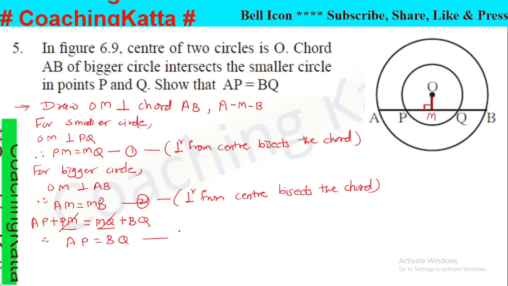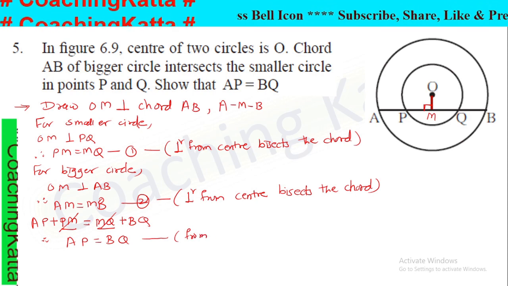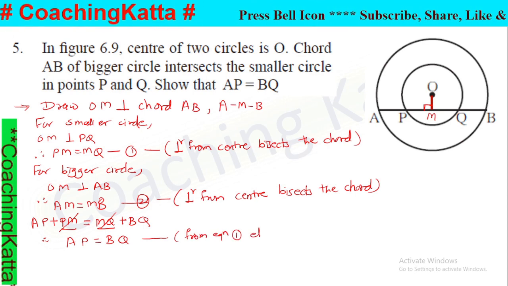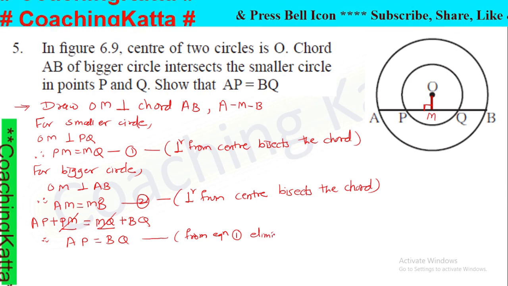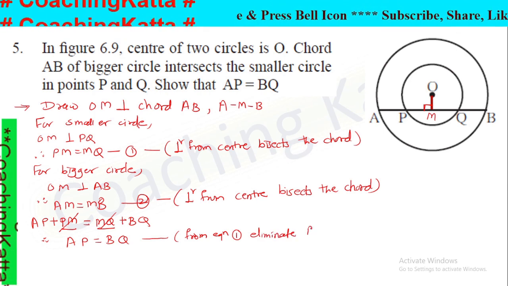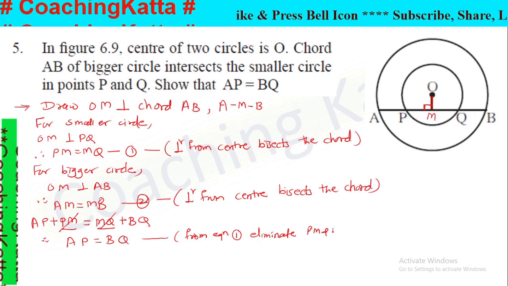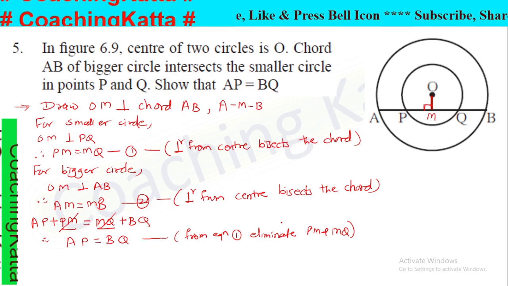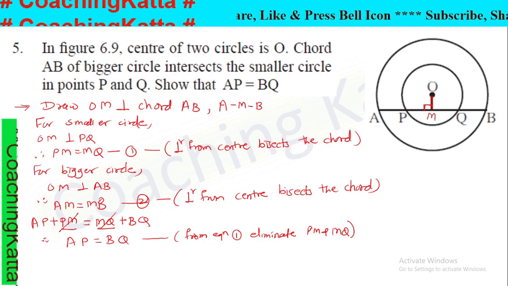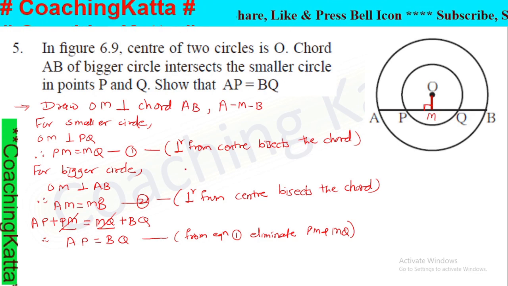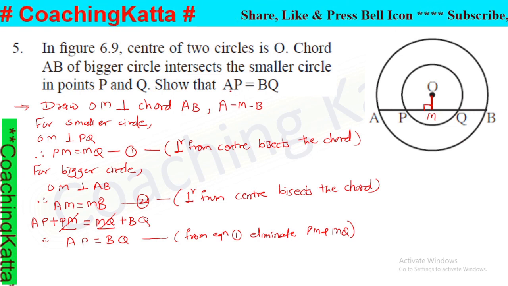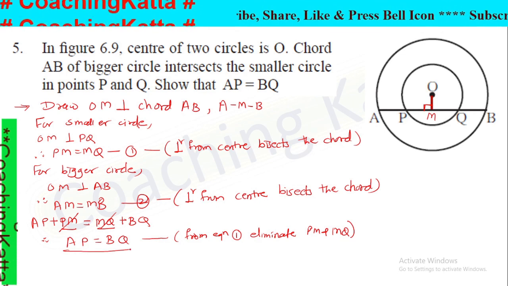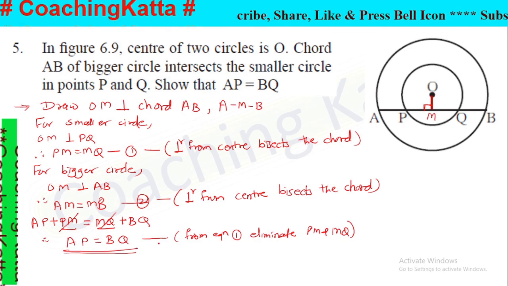Write the reason: from equation 1, eliminate PM and MQ because these two values are equal. That is what we had to show, that AP equals BQ, and this is the final answer. Proved, AP equals BQ.